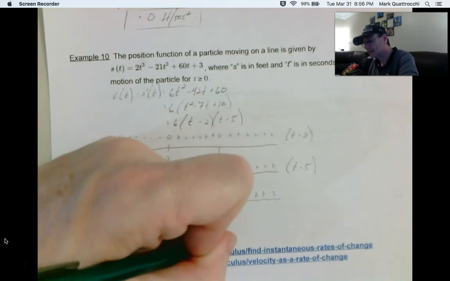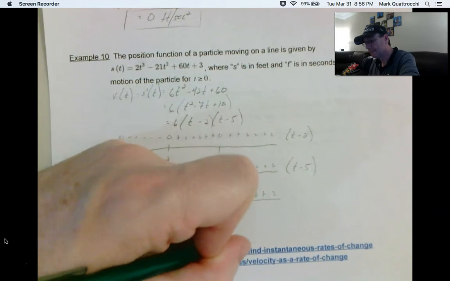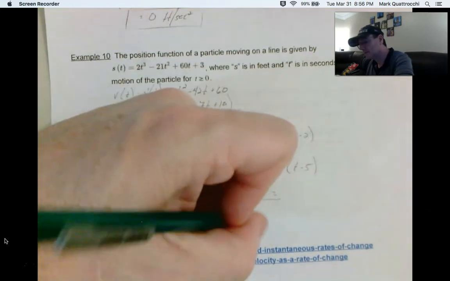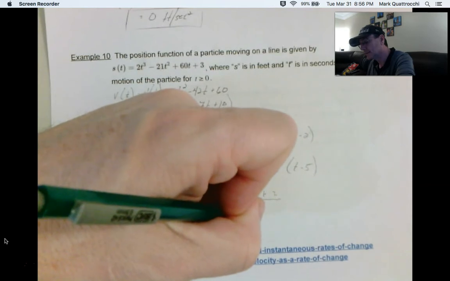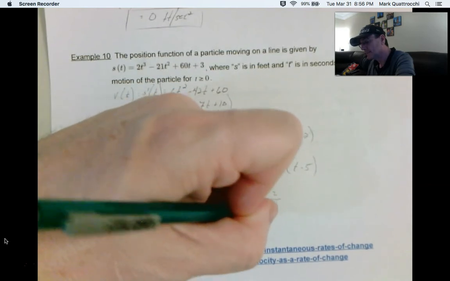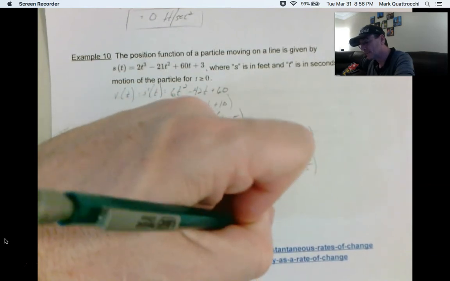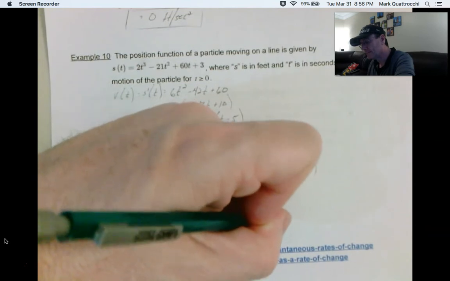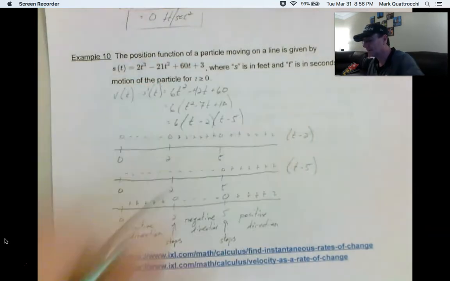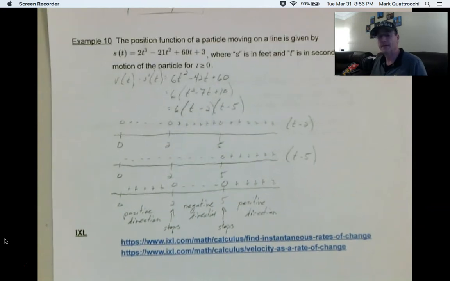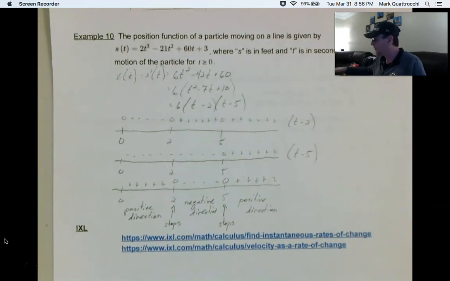And then it stops again. And then it moves in a positive direction again, one last time. Okay? Well, that's most of the problem. It's not the complete problem.